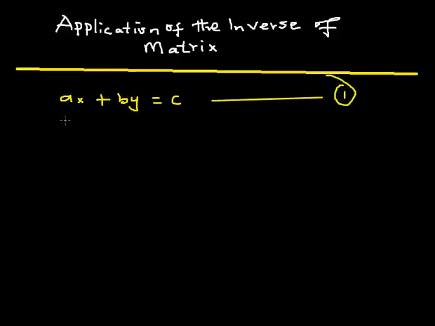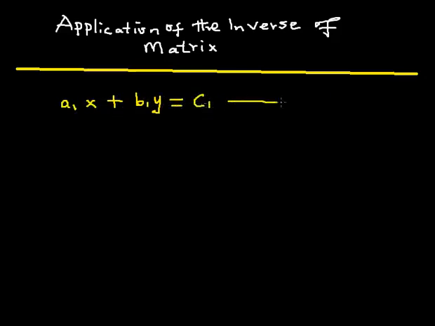Then of course, we use a1, please pardon me, a1x plus b1y is equal to c1, equation 1. Then of course, a2x plus b2y equal to c2.